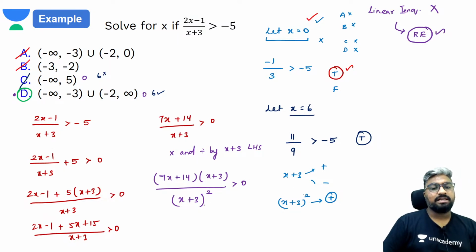So now you will multiply on both sides with x plus 3 the whole square. So what will you get? You will be left with 7x plus 14 into x plus 3 greater than 0.